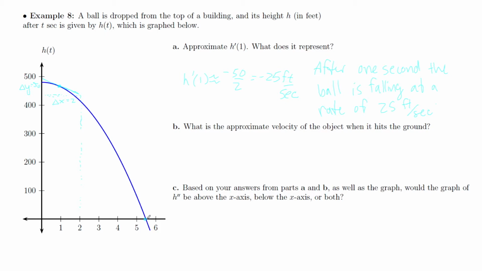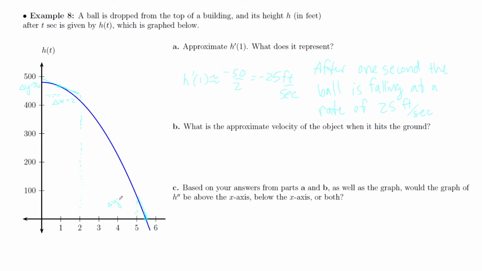So I want to do the same thing. I want to try to ballpark a tangent line, which is going to be a little tough. That's about as good as I'm going to get. So let's look at this. I've got a change in y here.